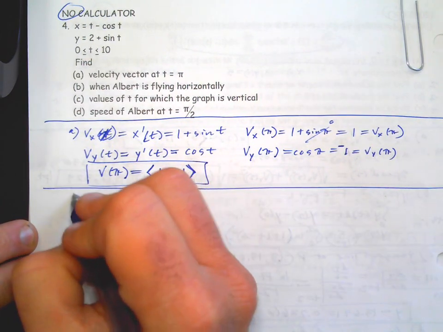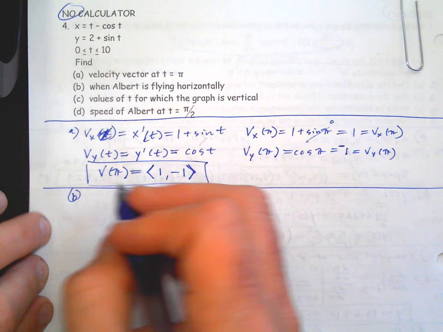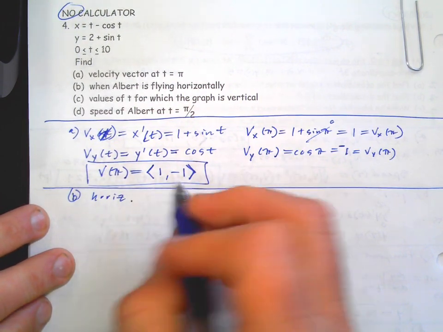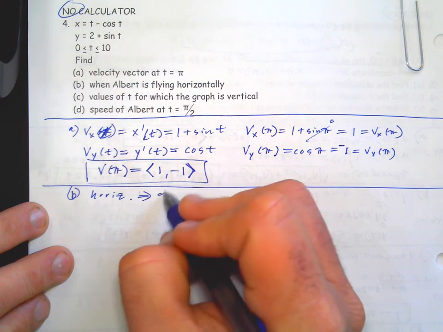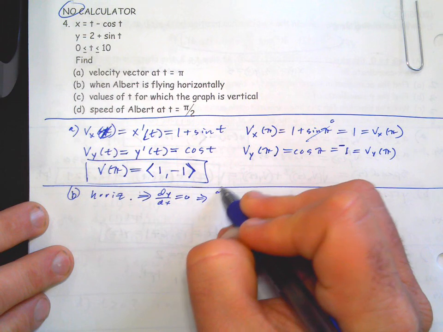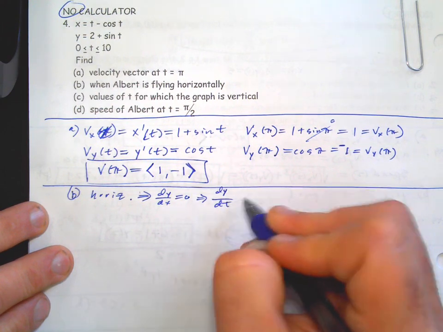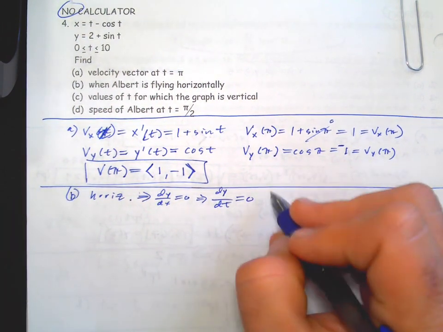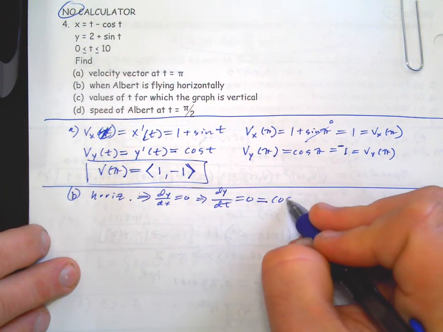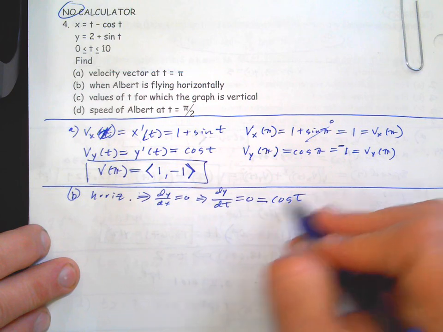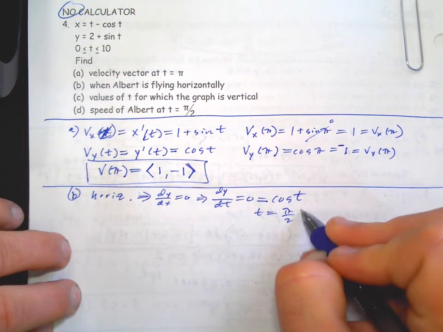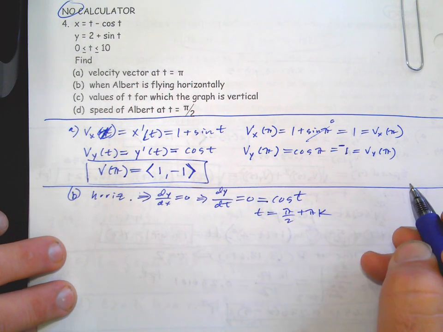Okay. B, when is Albert flying horizontally? So when you're moving horizontally, that means that your tangent line slope is 0, but more specifically, dy/dt equals 0. There's no movement in the y direction. We have dy/dt. In the last problem we found it was cosine t. So that's going to equal 0 at t equals pi over 2 plus pi k.